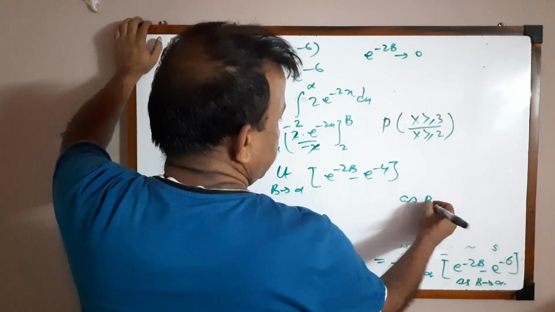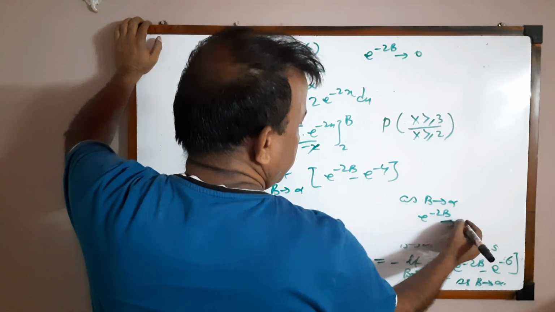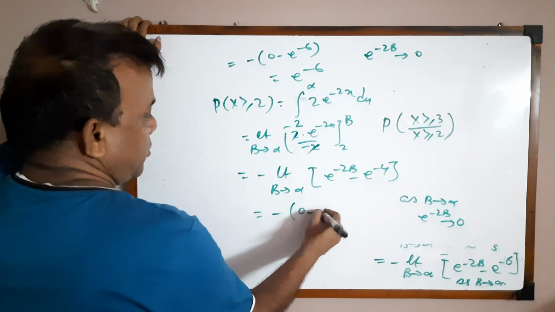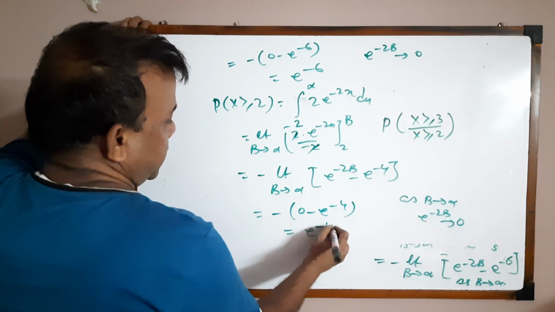As b tends to infinity, e to the power minus 2b tends to 0, so 0 minus e to the power minus 4, finally e to the power minus 4.